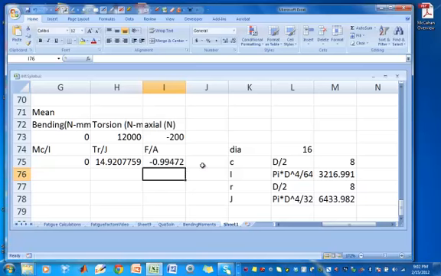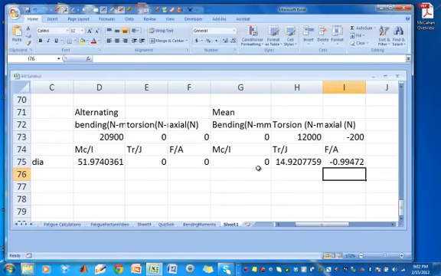F over A is only about 1 MPa. Bending stress is 51 megapascals, torsion is 15 megapascals, axial is 1 megapascal. Most of the time you don't even have to worry about axial, but I'm just doing it brutally so that you can see what happens.